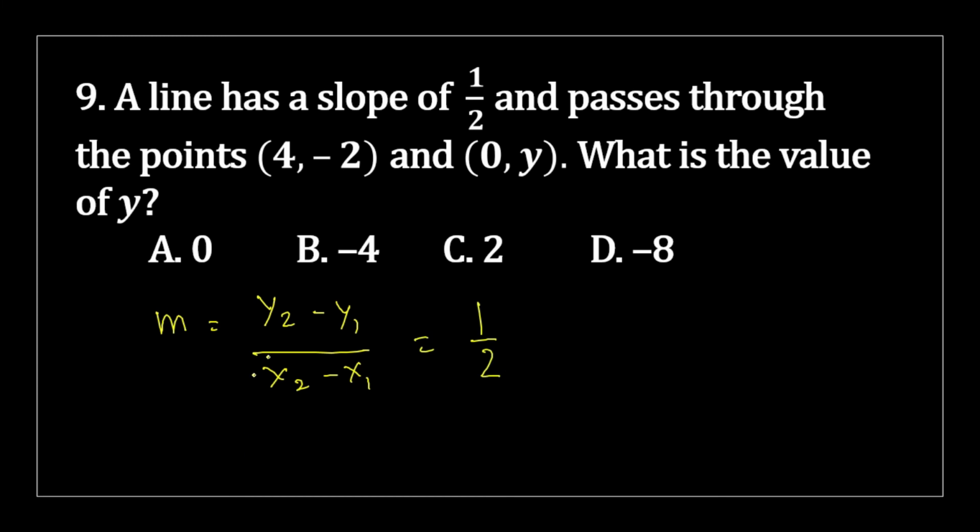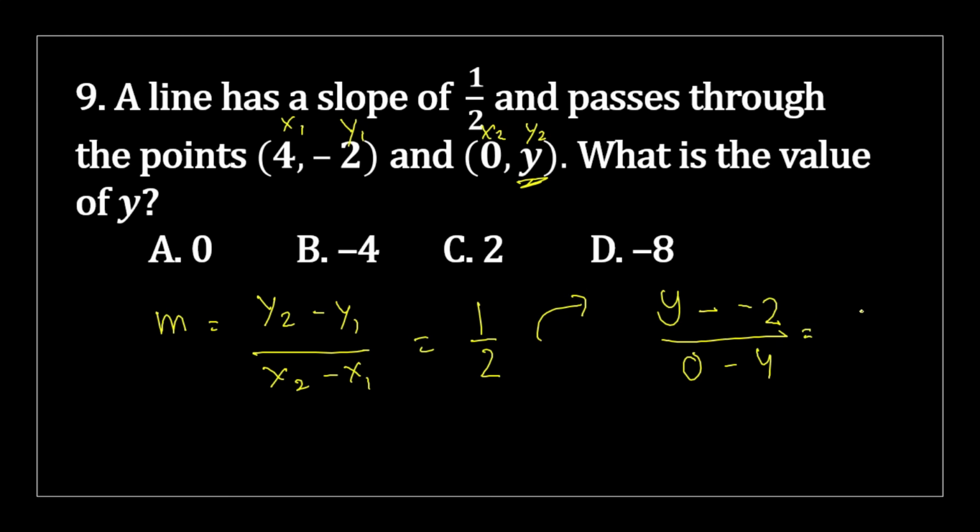Now let's identify first our x's and our y's. So let's have this as our x sub 1, y sub 1, x sub 2, y sub 2. Now let's substitute it. y sub 2 is y, we don't know the value of y, minus negative 2 over, what's our x? 0 minus 4.